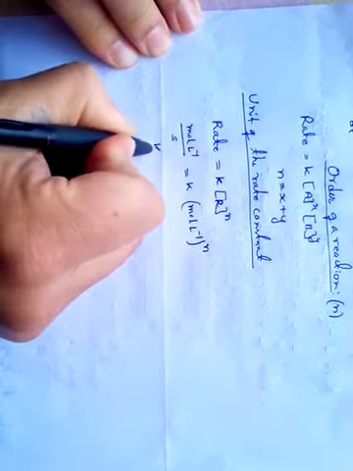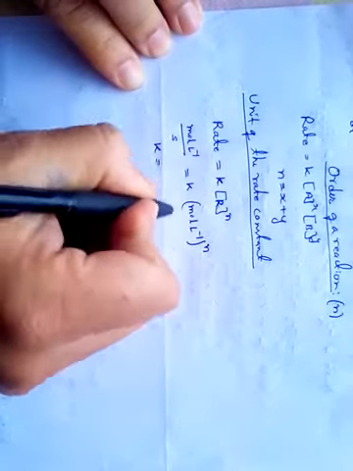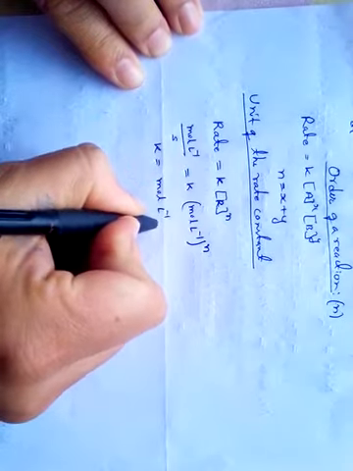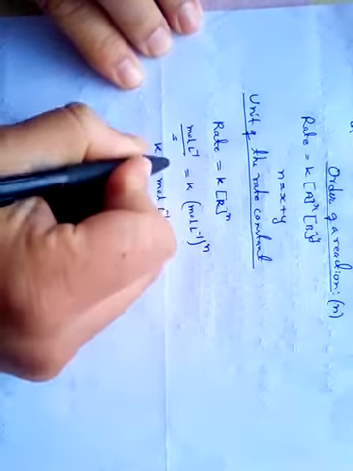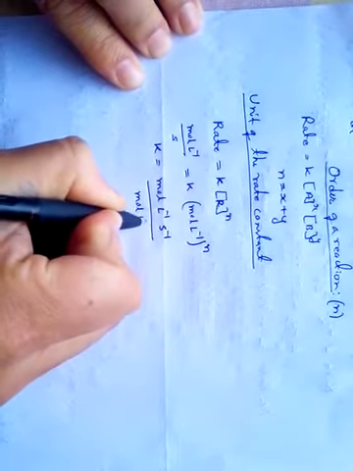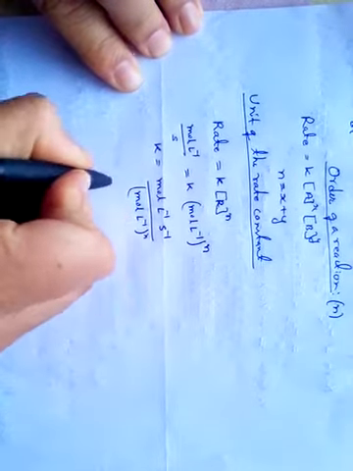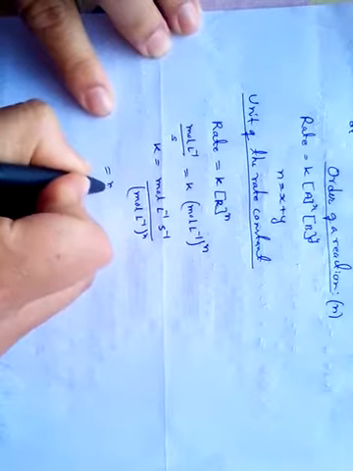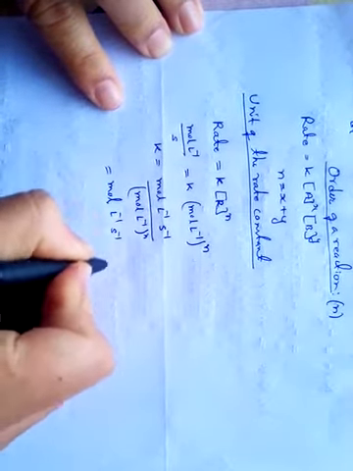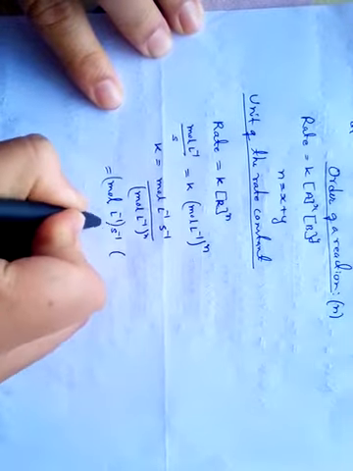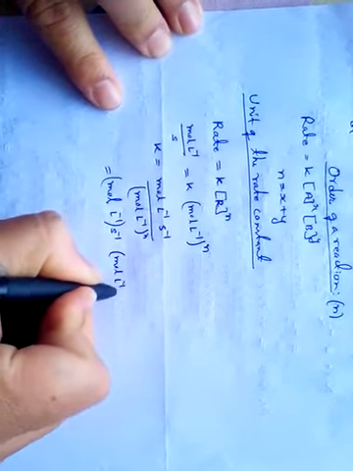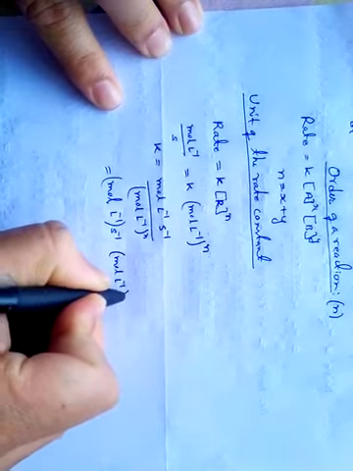So k equals mole per liter per second, and the concentration term goes to the denominator, so it's mole per liter to the power n. Now if I bring it up, it becomes mole per liter to the power minus n.